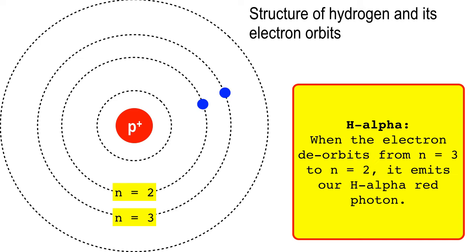E equals hf. So you calculate its wavelength in the laboratory, and it's a photon. Therefore, calculate its frequency, f equals c over lambda. So in the lab, you measure lambda. Good. Frequency, c over lambda. Energy, h times frequency, Planck's constant times the frequency.